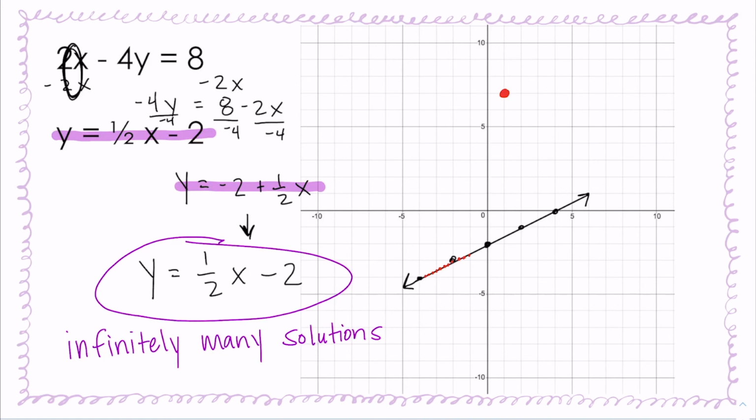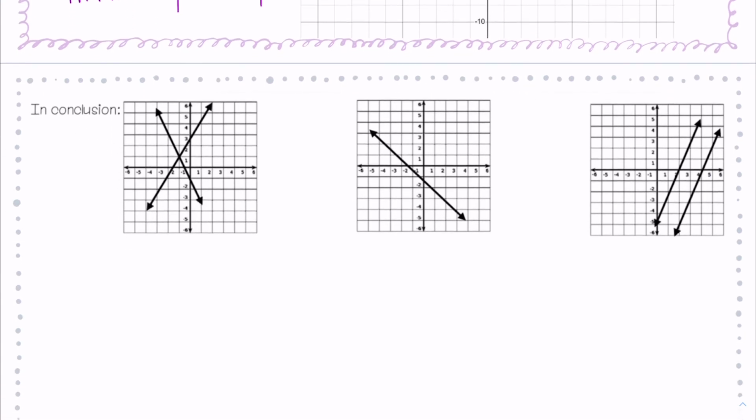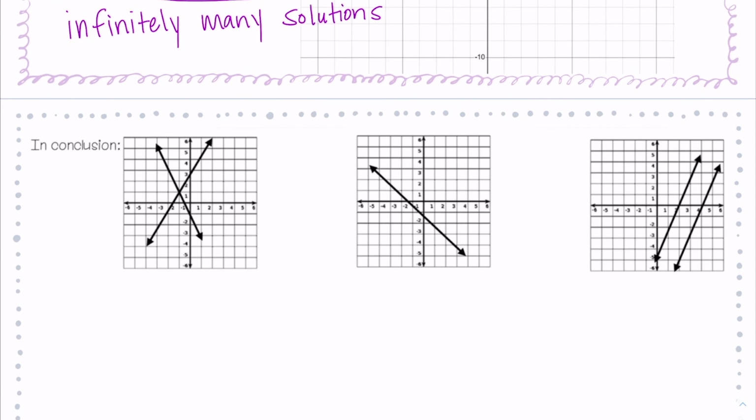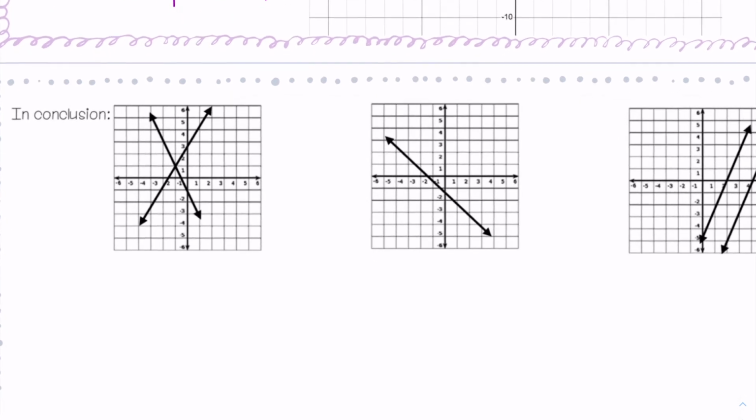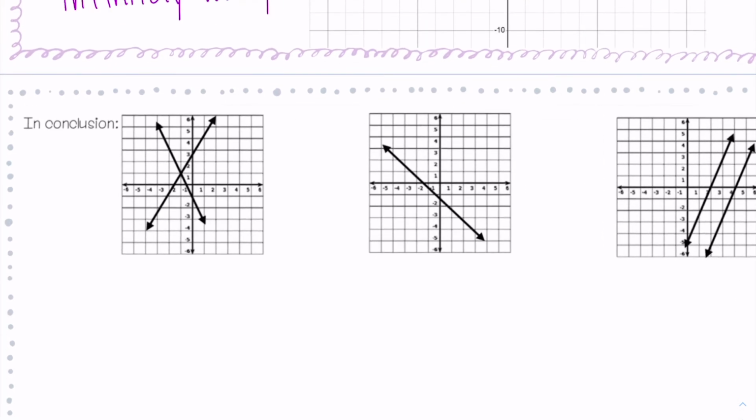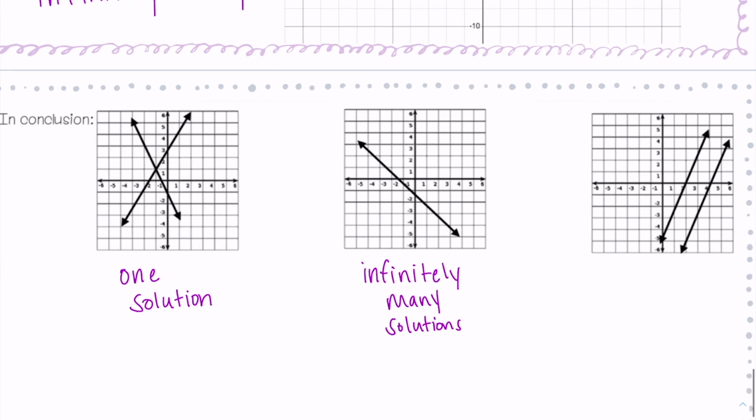So in conclusion, a system of linear equations can have one solution, infinitely many solutions, or no solution.